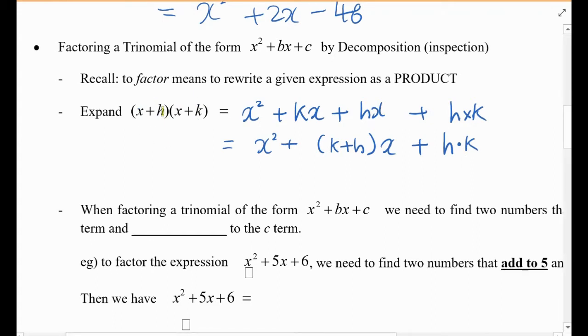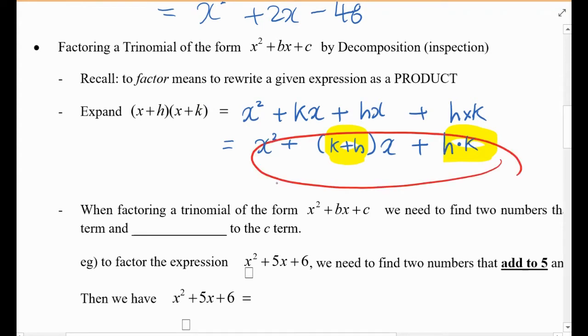As you see, h and k, when you add them up, that's the coefficient of x. And when you multiply, that's the constant of the trinomial. Alright, everyone? Therefore, when you want to make the expanded form into a factored form, you have to think about k and h.